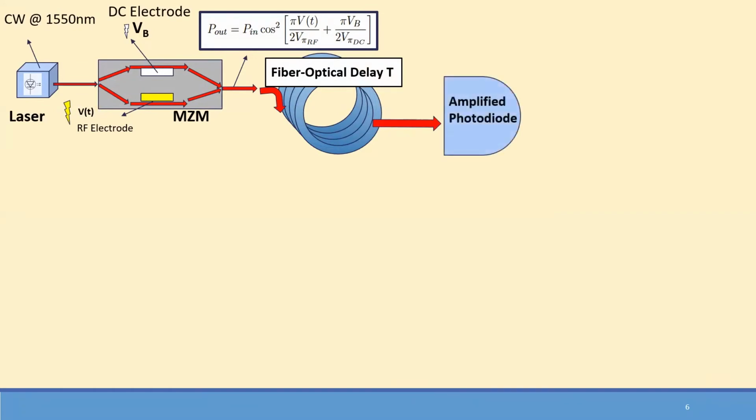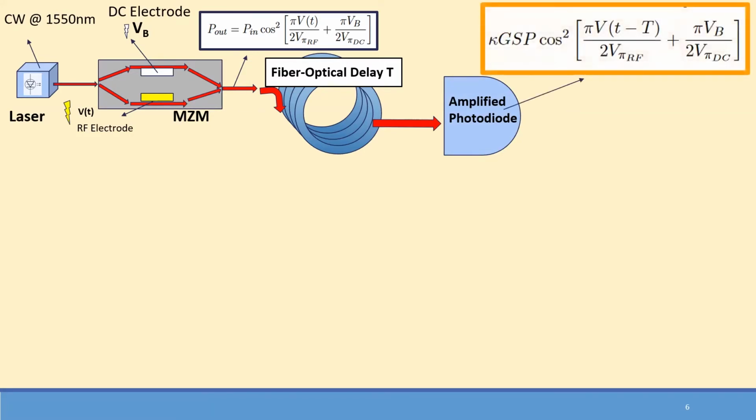Moving forward, now you're taking your optical power and changing it to an electrical signal. This expression here conveys what is going on at this stage. The S in this expression represents the responsivity of the photodiode.